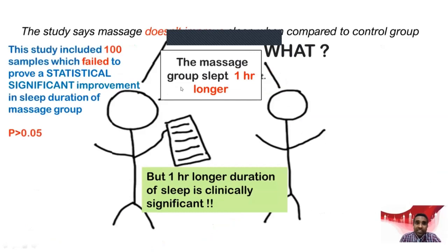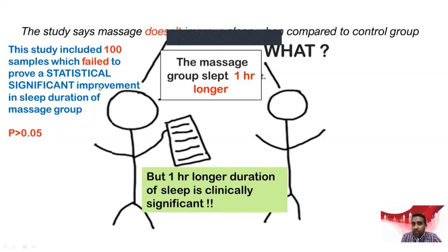A study says that massage does not improve sleep when compared to the control group. They included 100 patients and failed to prove a statistically significant difference between the two groups. And what is the effect size here? It is 1 hour longer. The massage group slept 1 hour longer. Do you think 1 hour longer is clinically important per day? Yes. If they sleep an extra 1 hour, it is very important.